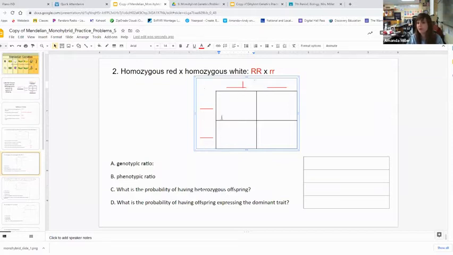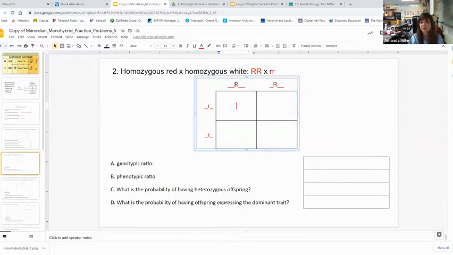The other parent is going to go here on the left. So I'm going to put my first parent, big R, big R. I'm going to put my second parent here on the left, small r, small r. Make sure you keep the parents together, okay? One parent goes across the top, the other goes across the side. I sometimes get people that try to divide them up, and it will mess up your results.